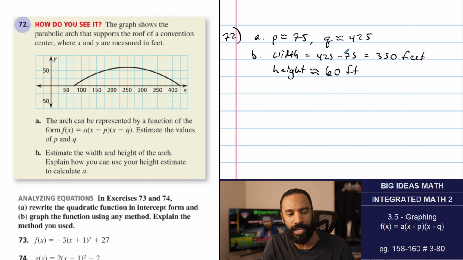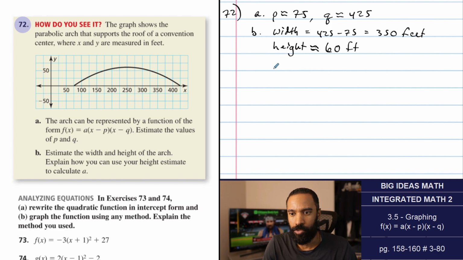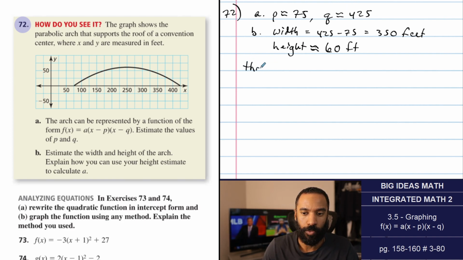Explain how you can use your height estimate to calculate A. Well, not just the vertex, but there's a point on this graph. This goes through 250, 60.